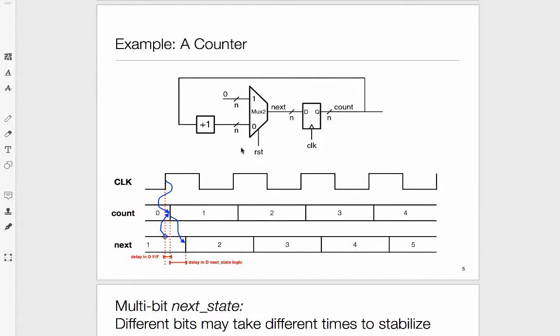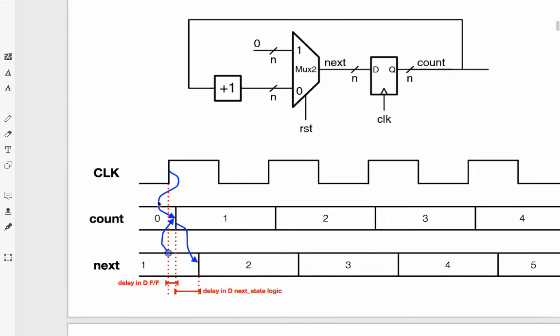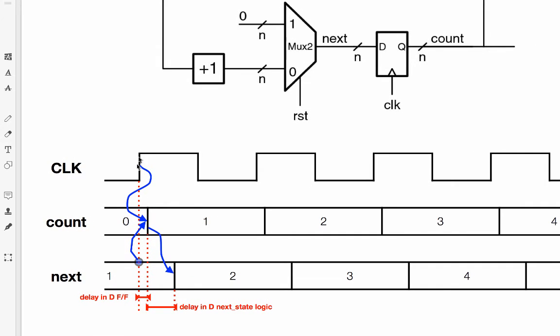If I look under the hood at what would be happening here, at the clock tick the register will get a new value, so the count will change after a little bit. Whatever was on next will become the new count. There will be a little bit of delay, which is because of the delay in the D flip-flop.